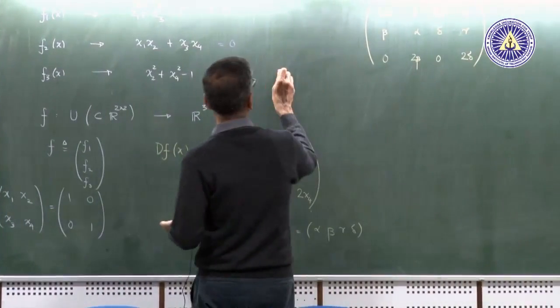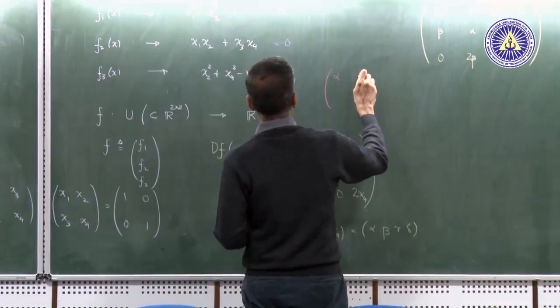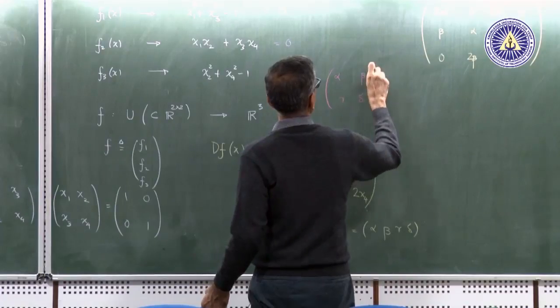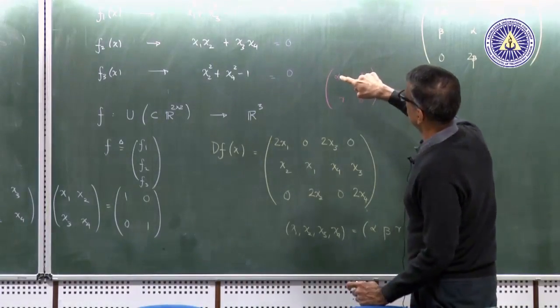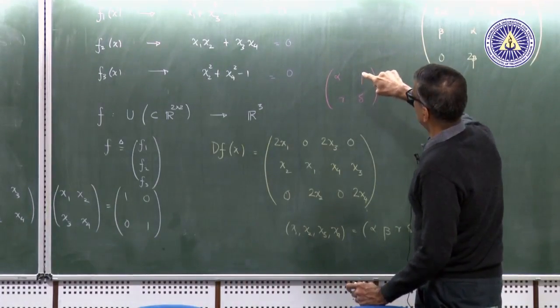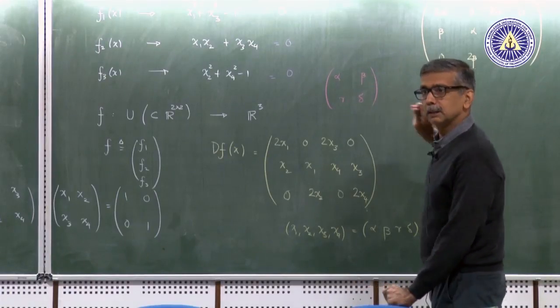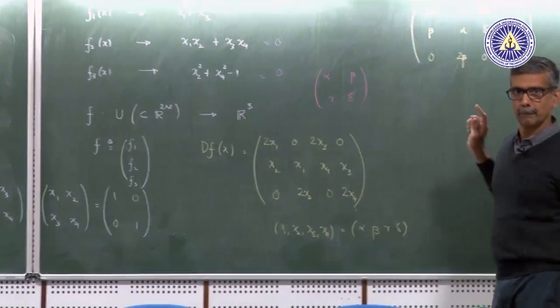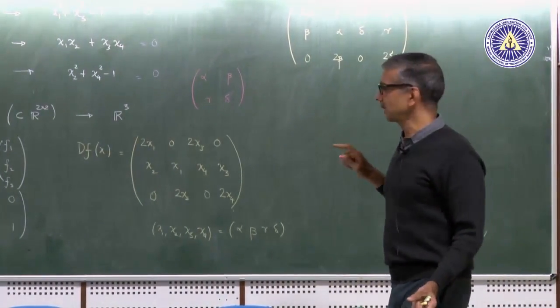See, alpha, beta, gamma, delta is like this, right? X1, right? If this becomes 1, 0, 0, 1, still orthogonal. 3 of them should be 0, okay?